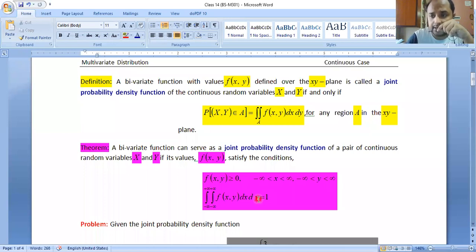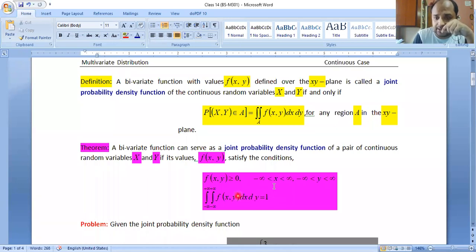For the univariate case, if we represent the probability of the random variable by fx, we know that fx is non-negative for all possible values of x. And if we integrate fx from minus infinity to plus infinity, that is, over the entire real line, the area is 1, that is, the total probability is equal to 1.